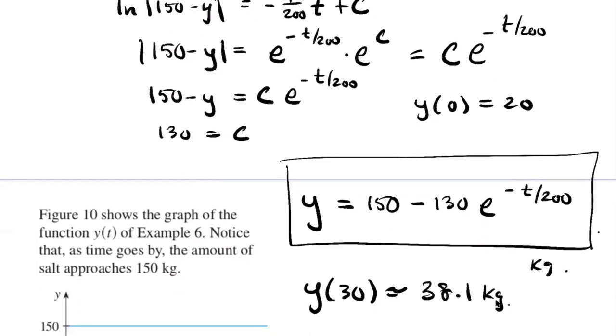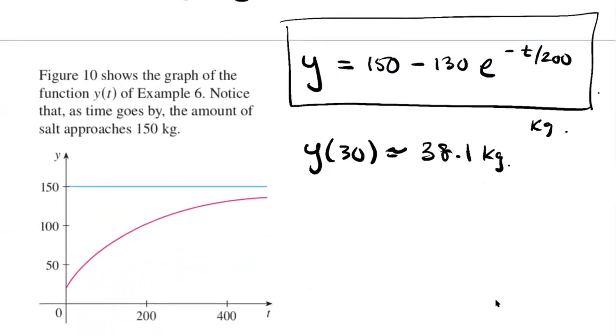Okay, and then let's end by just looking at this graph. You can see in our solution, if you let t go to infinity, the decaying exponential term is going to go to 0, so we end up getting 150 kilograms of salt in the long run.